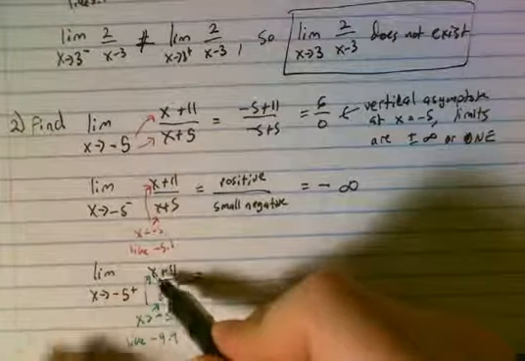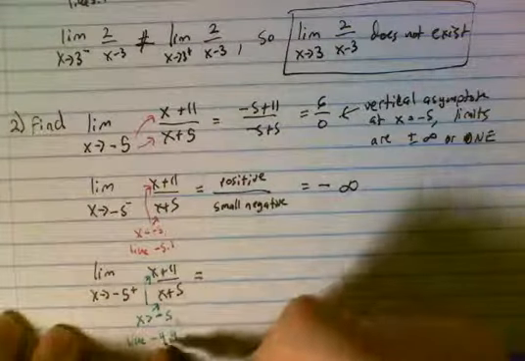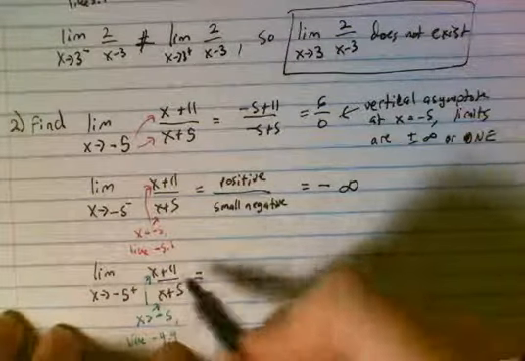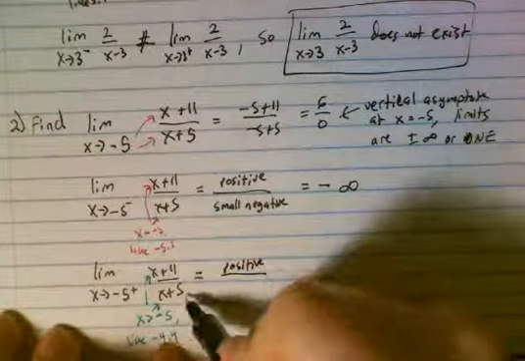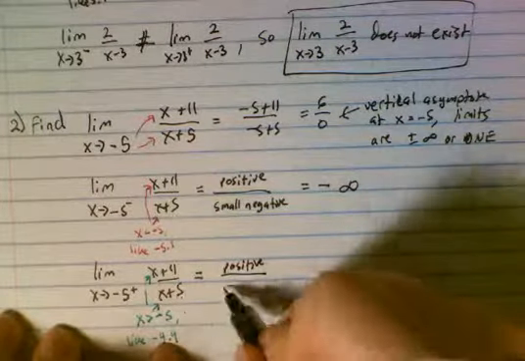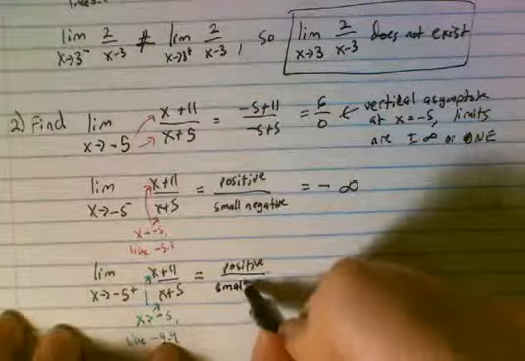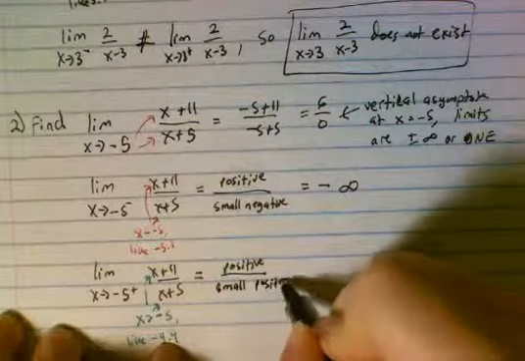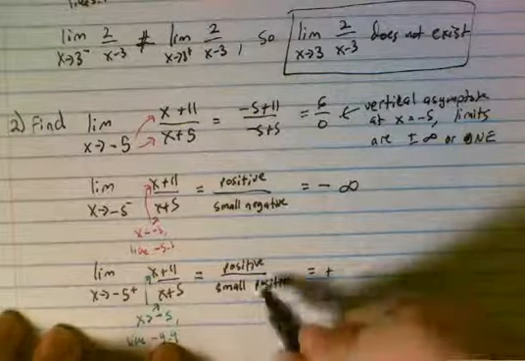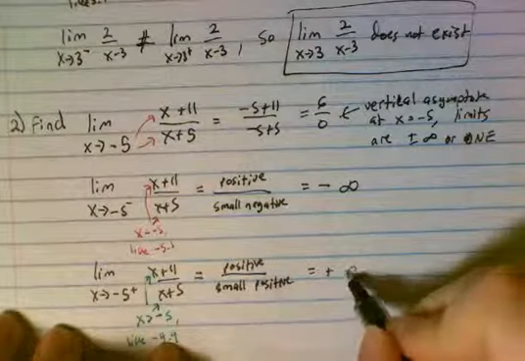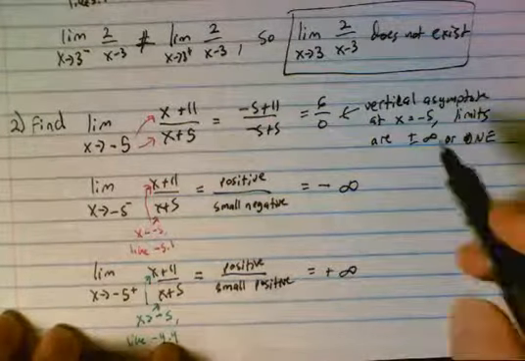So negative 4.9 plus 11, 11 is way bigger, so it's still going to be positive. Negative 4.9 plus 5, that's also a positive number, so down here is a very small positive. Positive divided by positive is positive. A number divided by an extremely small number approaches infinity.